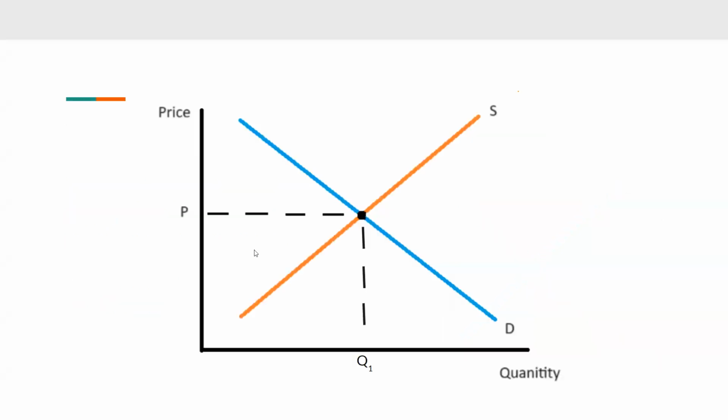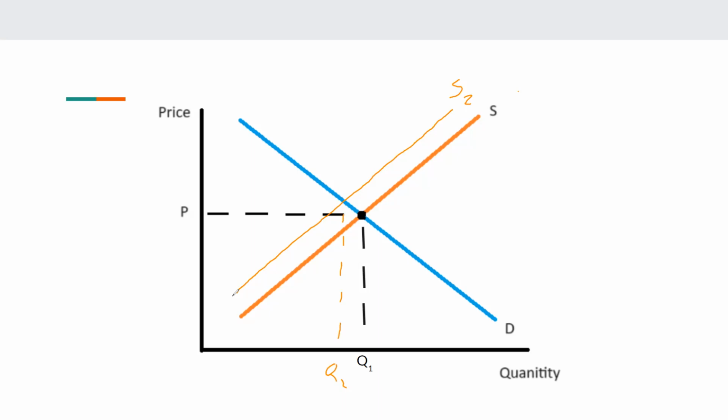Now, if we looked at a hypothetical market that was in equilibrium, and then we observed a shift in the supply curve to the left due to any factor, this could be just a rise in the price of inputs to production. We'd see that this new quantity where these points intersect, we know that Q2 is going to be the new equilibrium quantity.